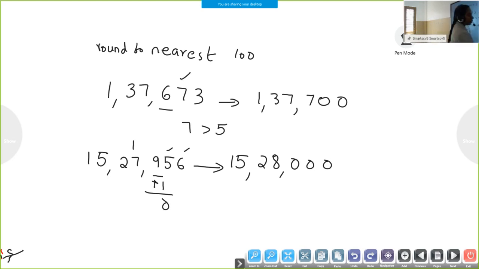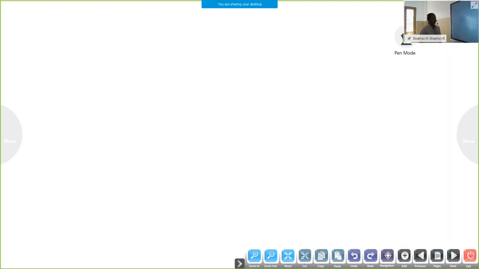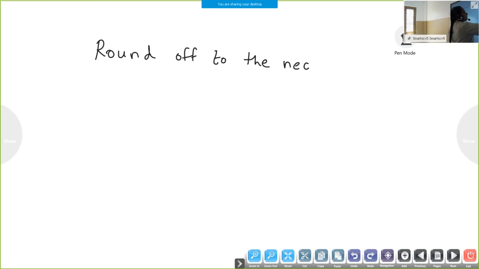Now we have to learn rounding to the nearest 1000. This is the third section. Round off to the nearest 1000. The same rule we follow in rounding to the nearest 1000.